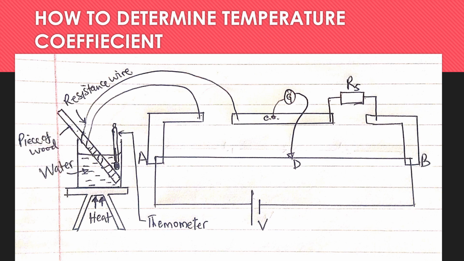On the right-hand side, you connect a standard resistor. The other components of the meter bridge are already explained.